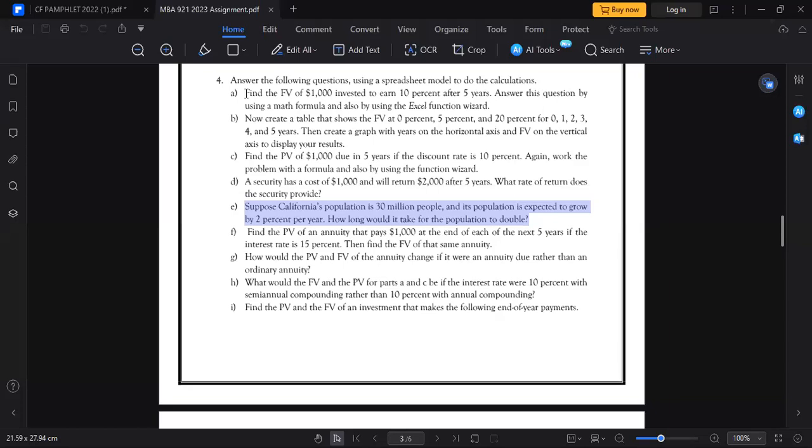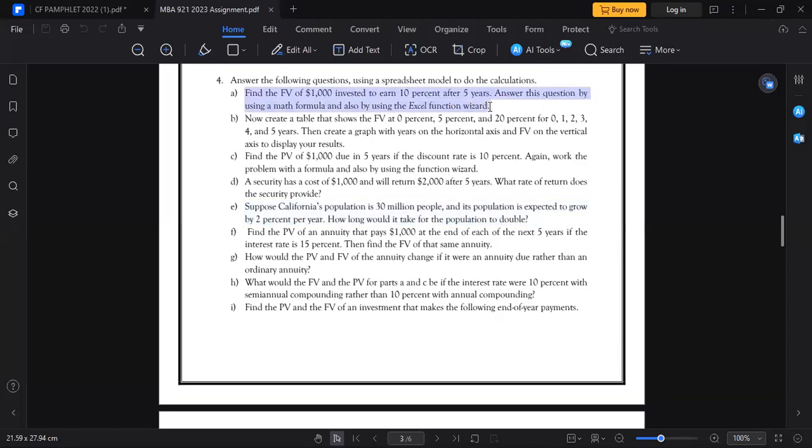And what are we going to use that information to calculate? So we've been given the present value, the future value, and the rate.